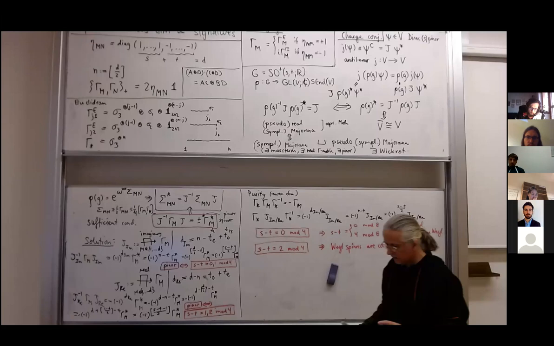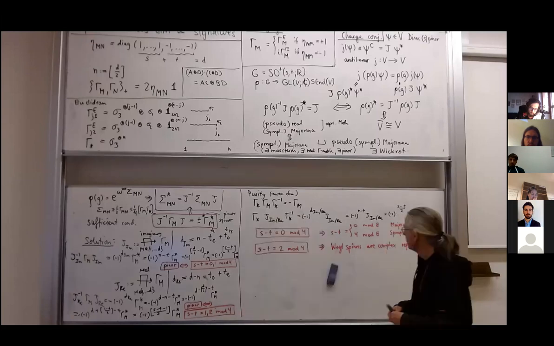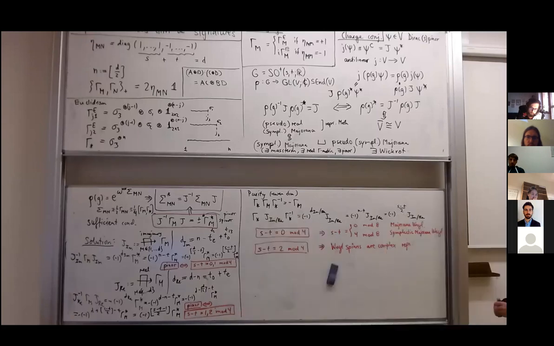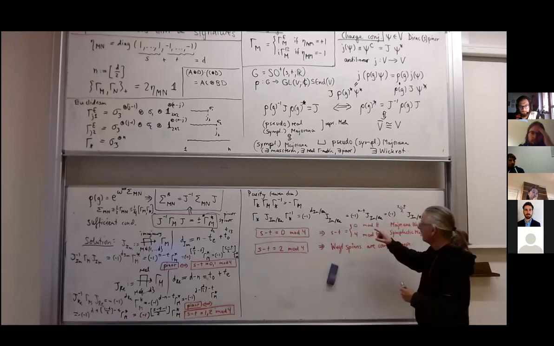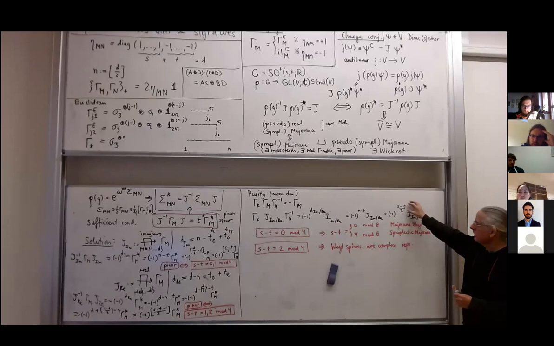Where, so how is that? Let's see, when S minus T is 0 mod 4, then this is +1.